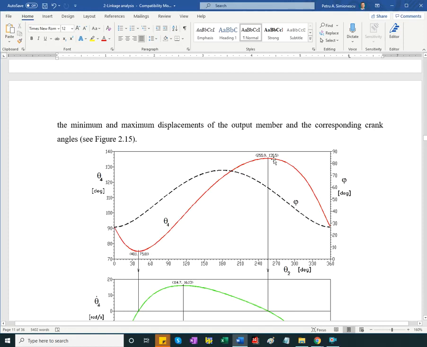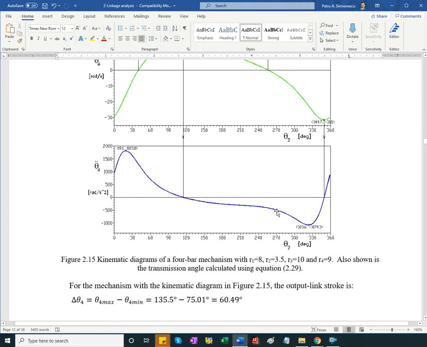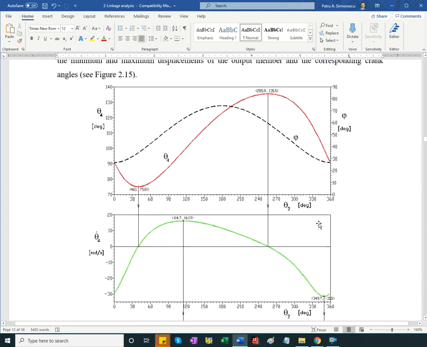Okay, so this is the output angle. This is the transmission angle, which we haven't discussed yet. And so I have displacement, I have velocity, and I have acceleration. Since velocity is the derivative of displacement, where velocity goes to 0, I have limit positions, minimum and maximum displacement.